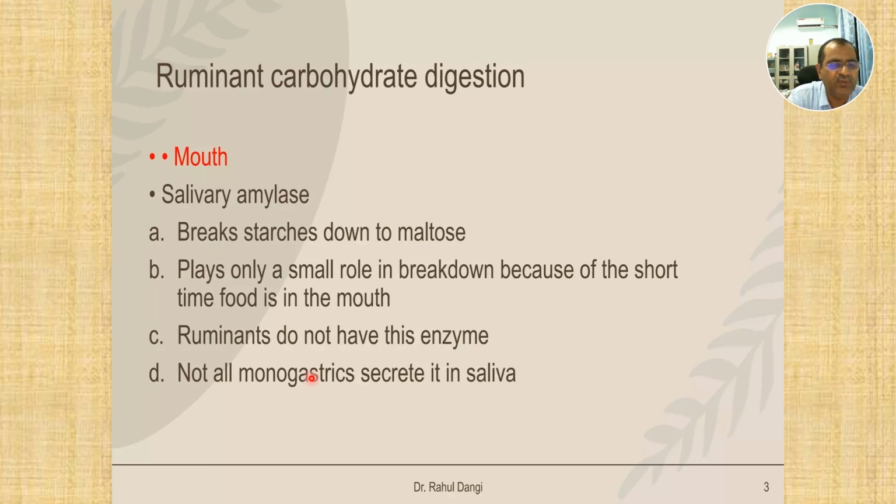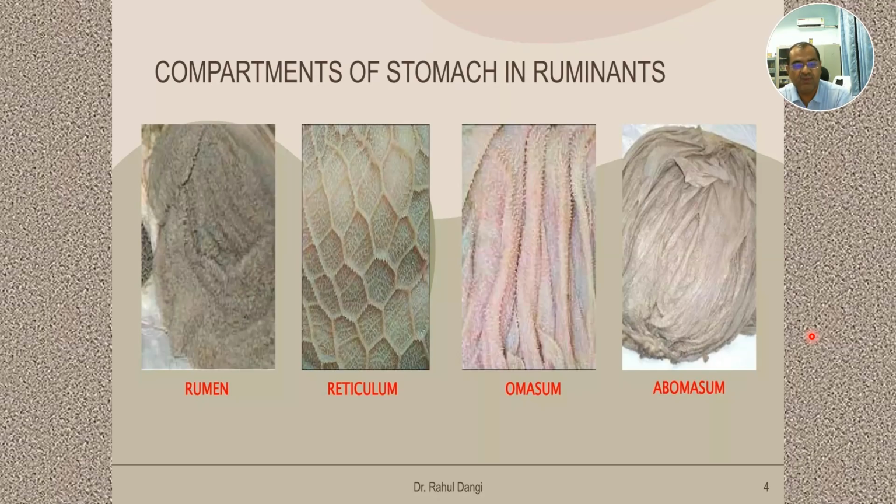The ruminants do not have this enzyme, and not all monogastric animals secrete it in the saliva.